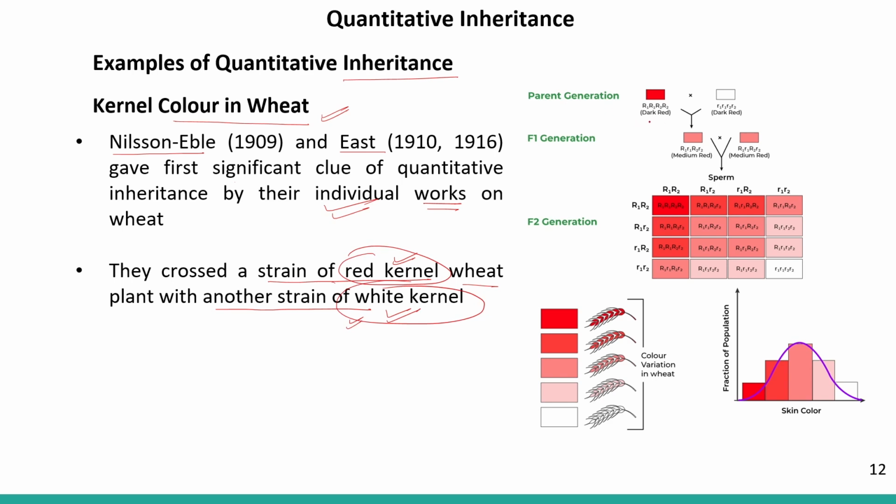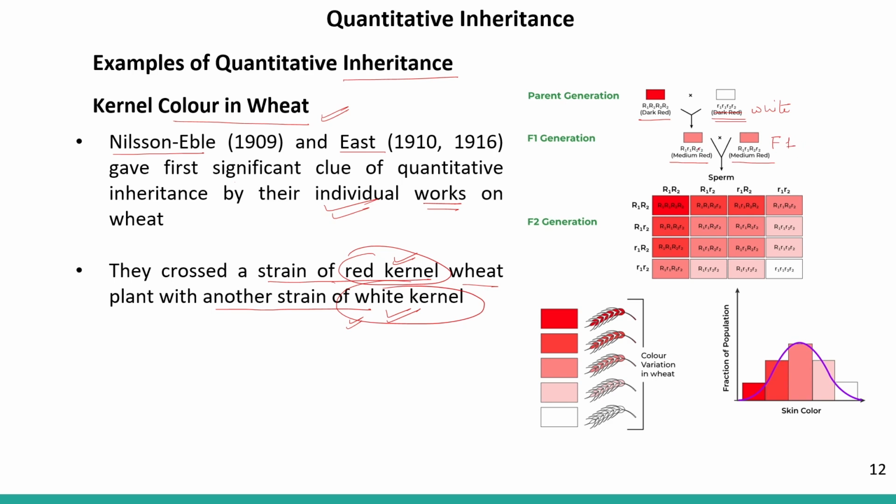And you can see here R1 R1 R2 R2, that is showing the dark red, and small r1 small r1 small r2 small r2 showing the white. And here we are having medium red in the F1 generation.